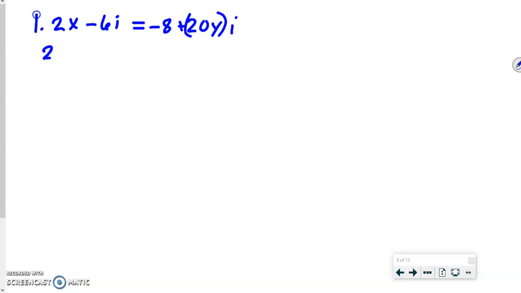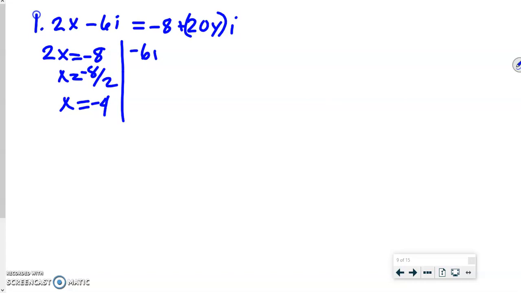So here again, we're going to do 2x equals -8. So x equals -8 divided by 2. So x equals -4. And then we're going to do our y values, right? So we're going to do -6i, imaginary to imaginary, equals 20yi. Again, what happens to the i's? They cancel each other out.